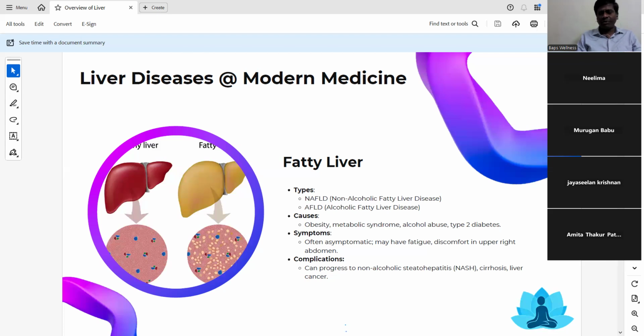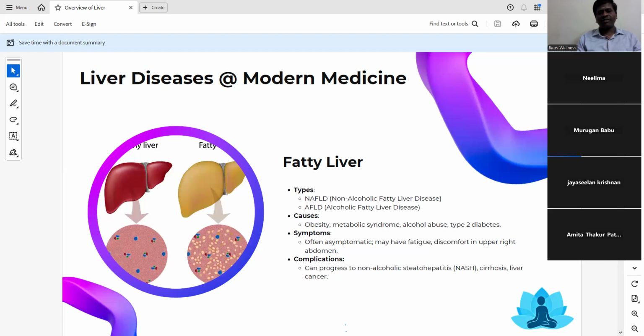Normally we can diagnose this through a liver function test to check SGOT, SGPT, bilirubin, ALP (alkaline phosphatase), then albumin and globulin. These are all seen in the liver function test. And the best basic test is ultrasound, to get to know about any fatty liver condition.